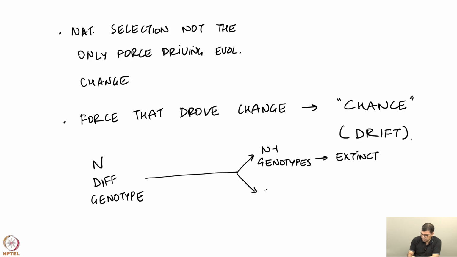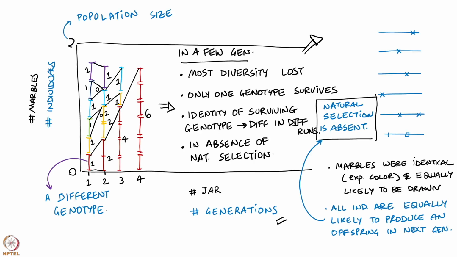And only one genotype remained. This genotype, which occupies the entire population, for example, in this case, the red genotype, is the only one that remains in the population, and there is no other genotype that remains.